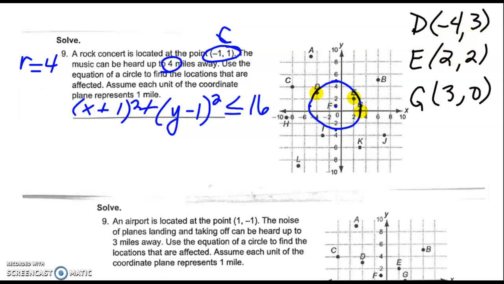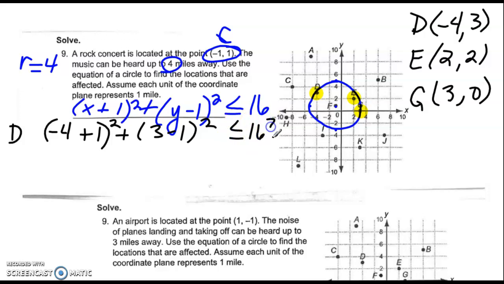So remember, first coordinate is X, second coordinate is Y. So I'm looking at point D right now. So I'm going to say -4 plus 1. Where the X is, I'm putting a -4. And where the Y is, I'm going to put 3. And I'm trying to see, is that less than or equal to 16? If it is, then D is a point that's being affected. So work that out.